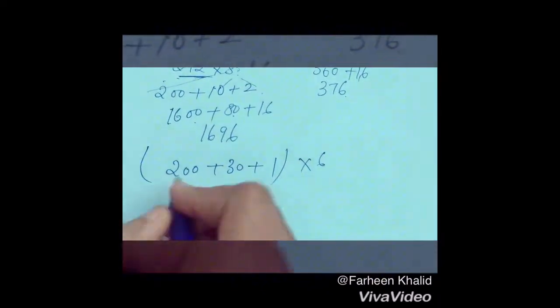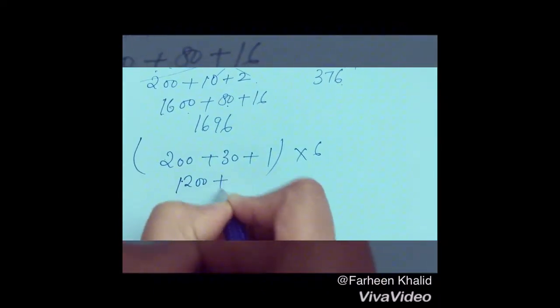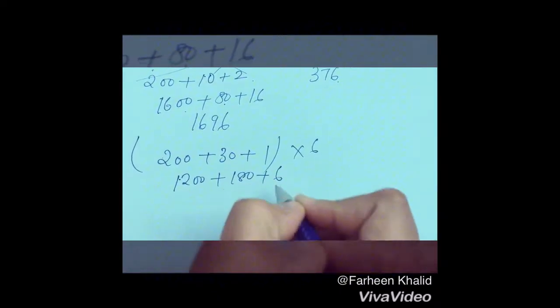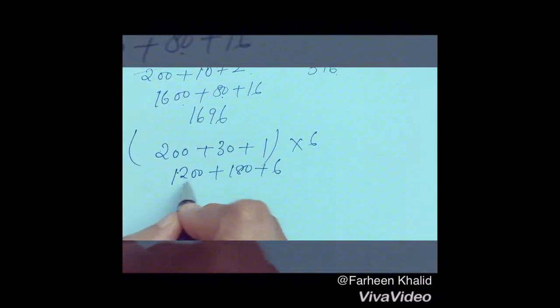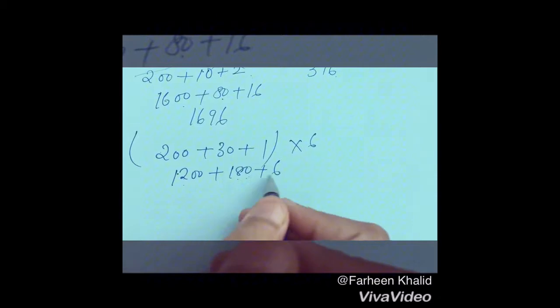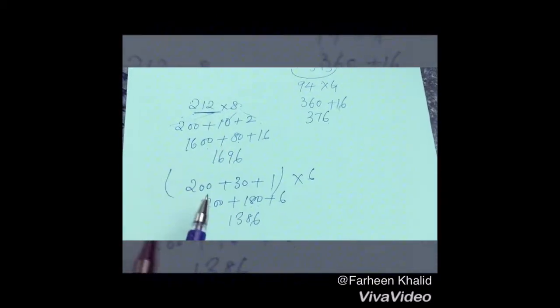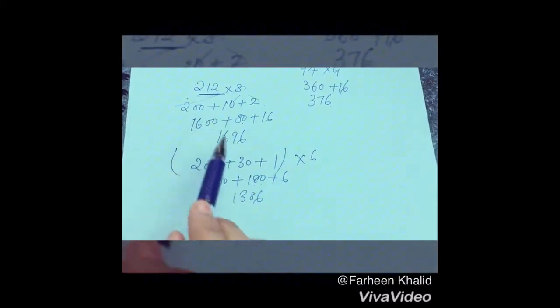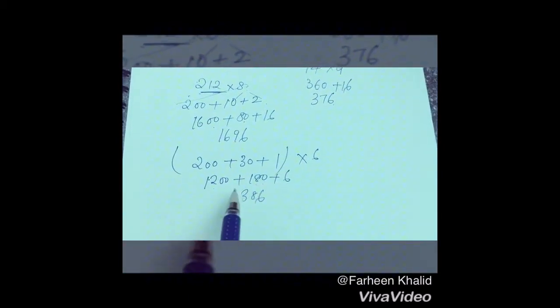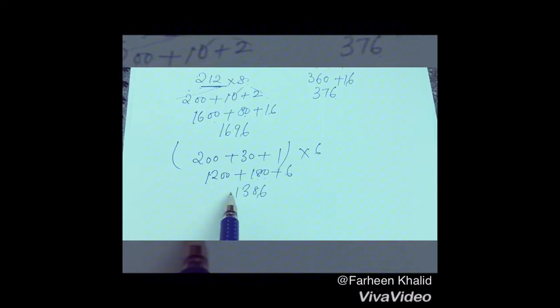So it makes it 1200 plus 180 plus 6, which is 1200 plus 180 is 1380, plus 6, 1386 is your answer. So you can see how fast we are doing this. If I wasn't explaining it to you, it would have been just a second to do this one.